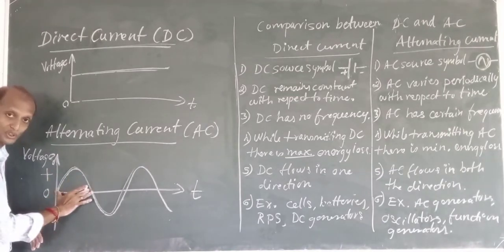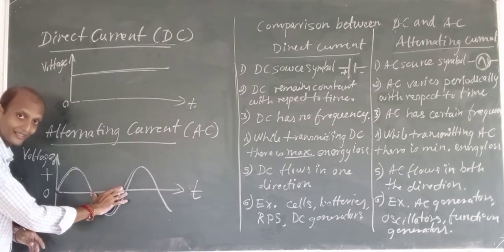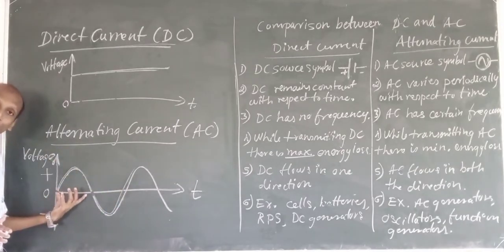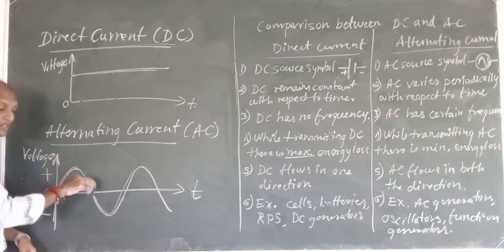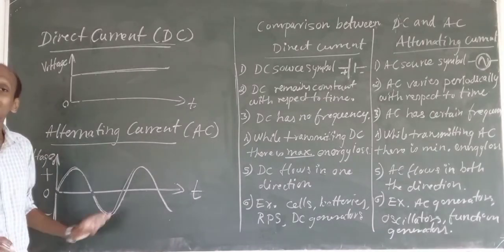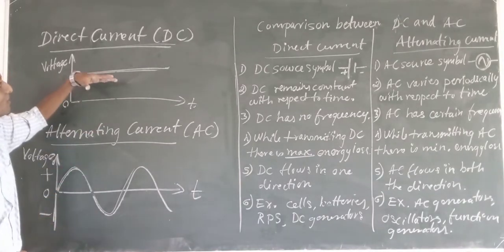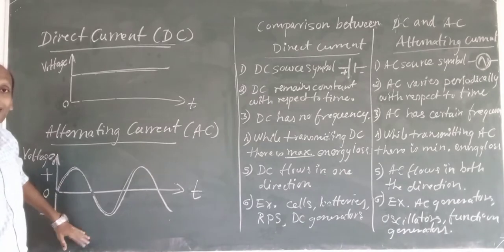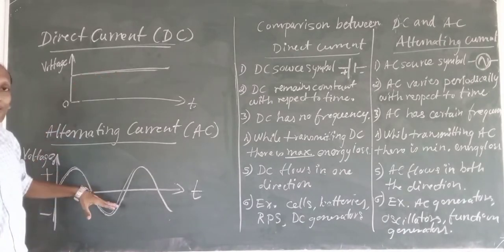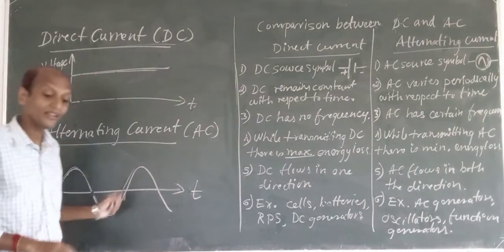From here to here it is positive, from here to here it is negative. So this is the positive half and this is the negative half of the alternating current. So this is alternating current, and then we have direct current.